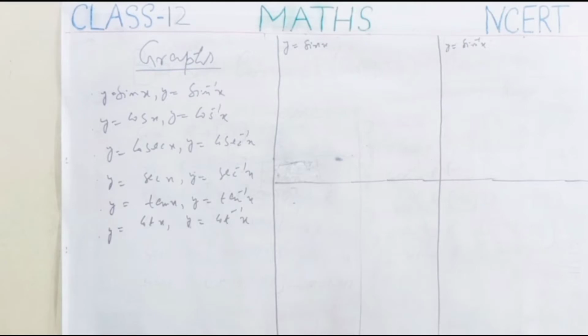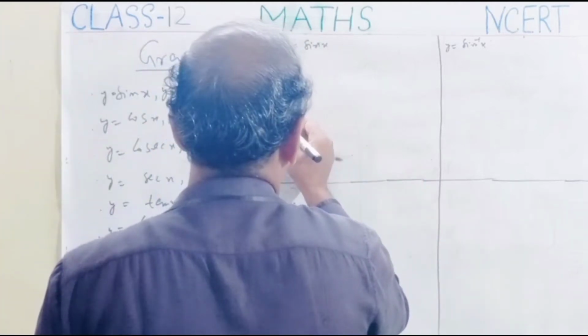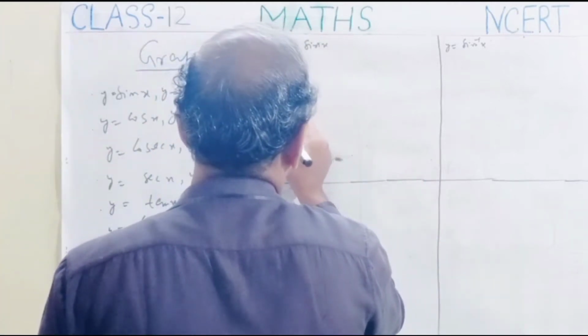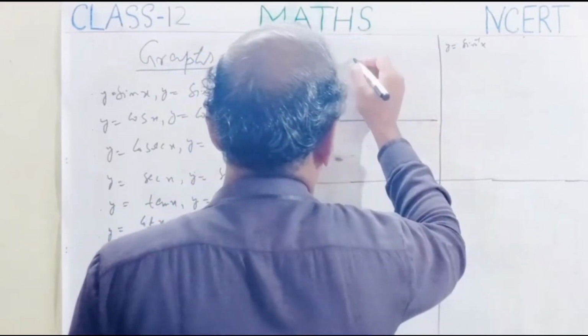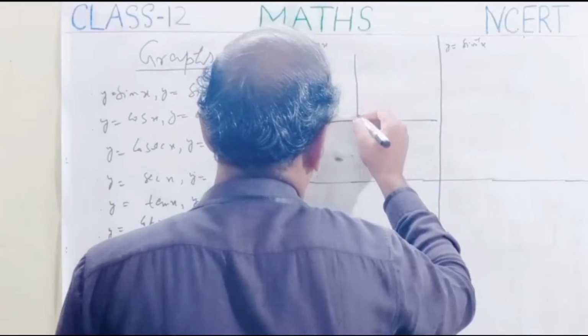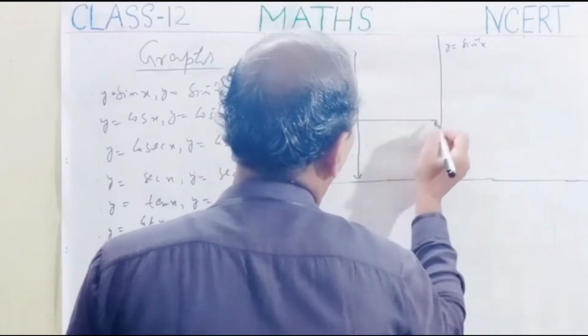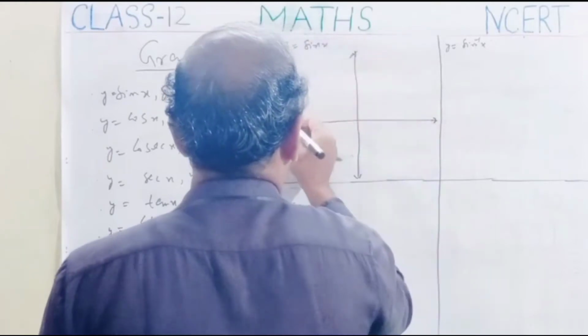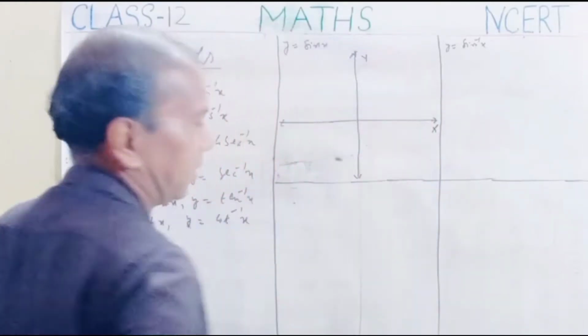So first of all, suppose I am drawing the graph of y is equal to sin x. Let's suppose this is the x-axis and this is the y-axis.